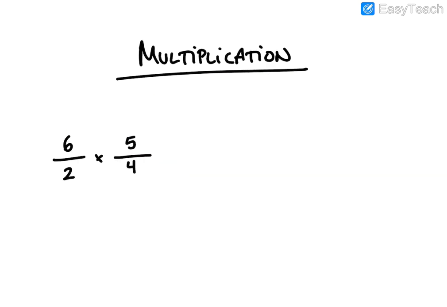With the multiplication and the division, I think it is easier, because for the multiplication, we just multiply this number by this one. So 6 times 5 is 30, and 2 times 4 is 8. This is the result.